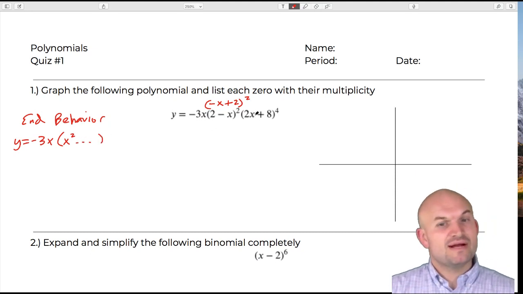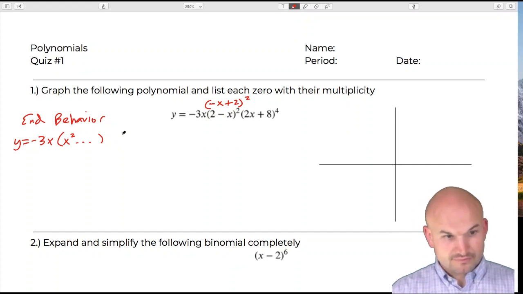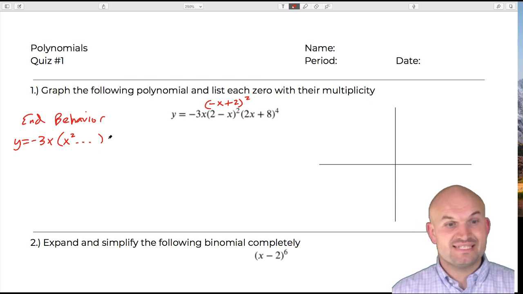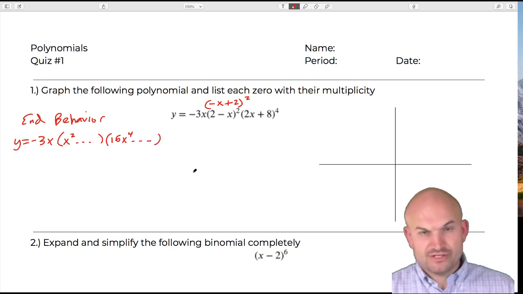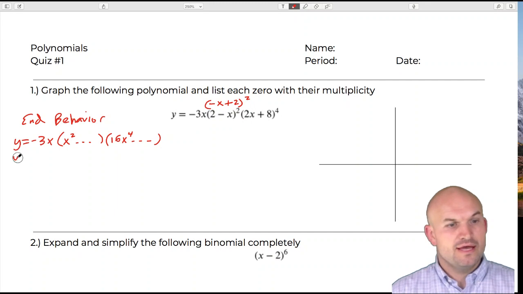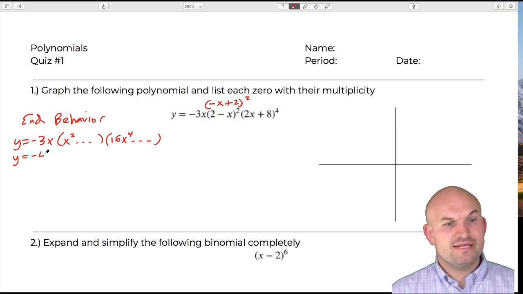And 2x to the fourth, that's going to be a cube, that'd be 16x to the fourth power. So whatever the answer may be, it's going to provide you 16x to the fourth. If you were to multiply these all together, 3 times 16 would be 48, so this would be a negative 48.